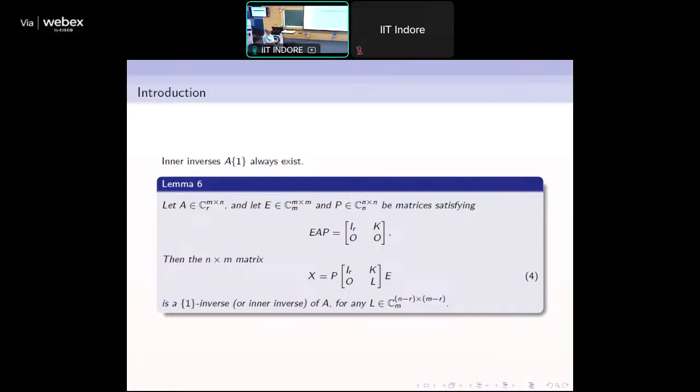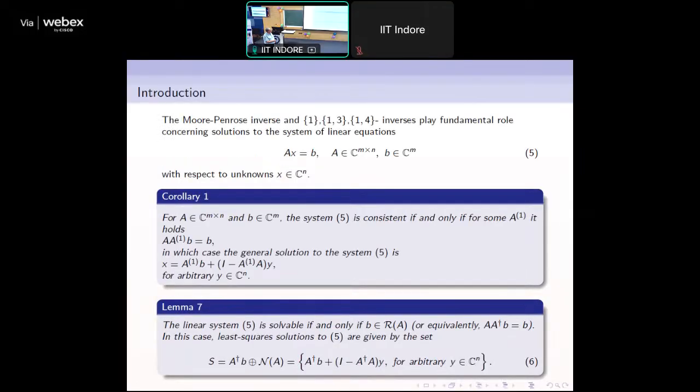I is the identity matrix of order R, and K is a matrix of appropriate order obtained after Gauss-Jordan elimination. Then X can be represented simply in this way, where L is an arbitrary block. Of course, inner inverses are not unique. And here is one arbitrary block which describes different inner inverses.